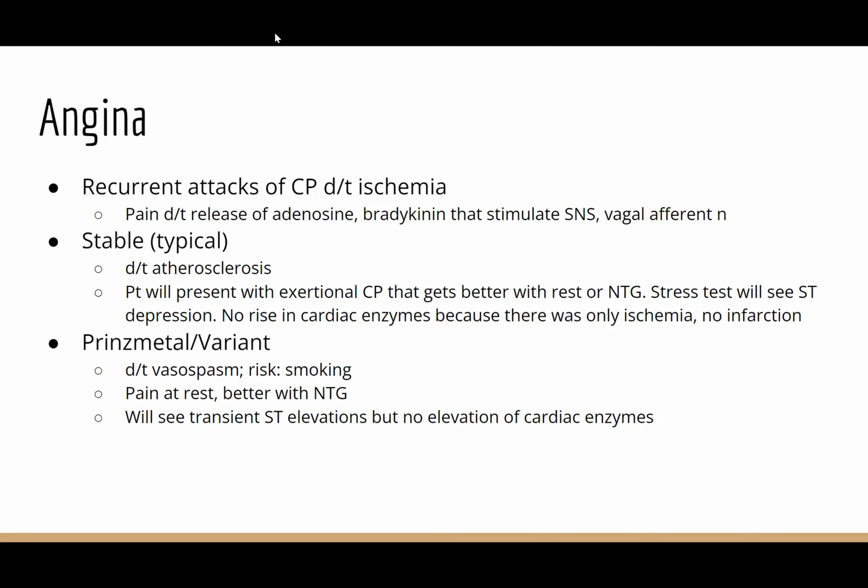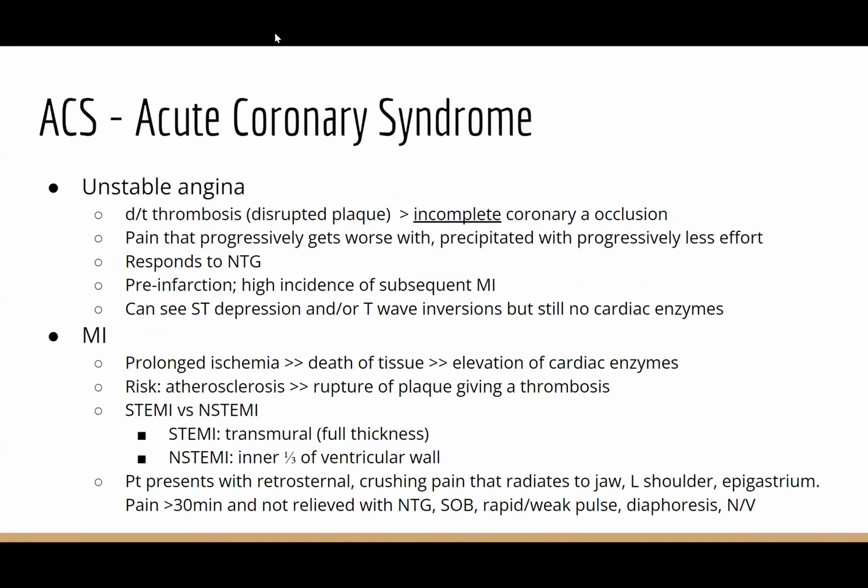So you will see transient ST elevations, but again, since we don't have that 30-minute threshold, you're not getting disruption of the myocytes, you're not getting the enzyme leakage into the serum, so there's no measurable cardiac enzymes that you're going to get.